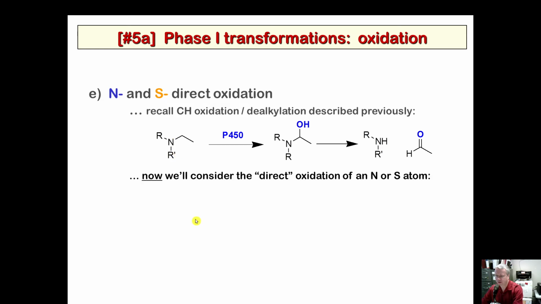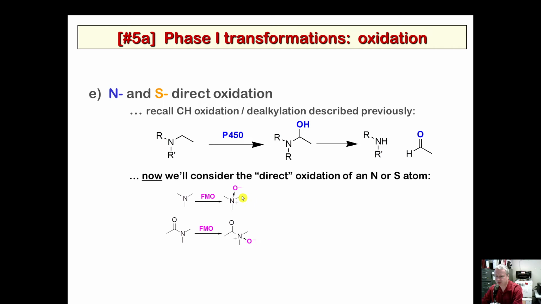So let's consider a couple of options for that. One example is if you have a tertiary amine, it can get directly oxidized, and it uses a different enzyme called flavin monooxygenase, which has a cofactor associated with it, and essentially you get something called an N-oxide, which is a higher oxidation state of an amine.